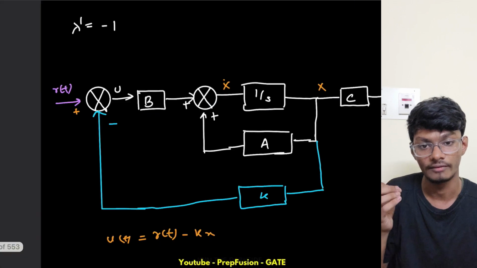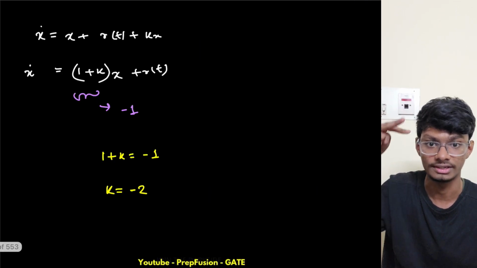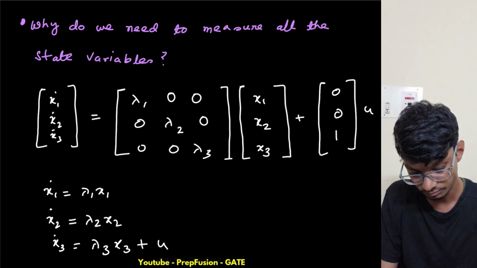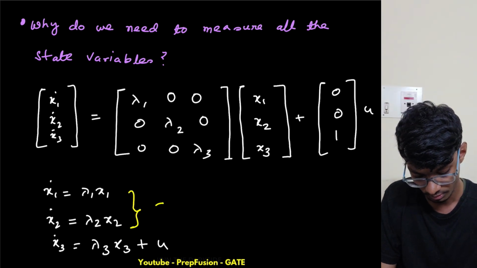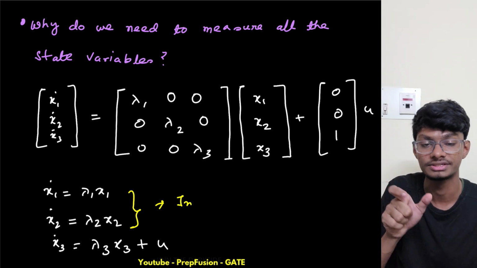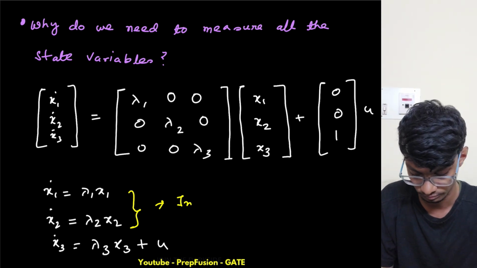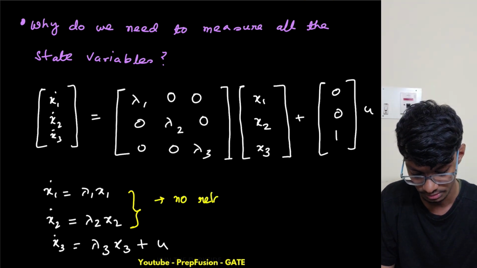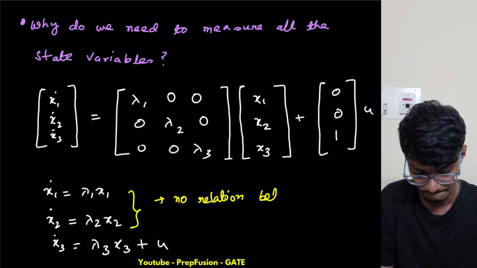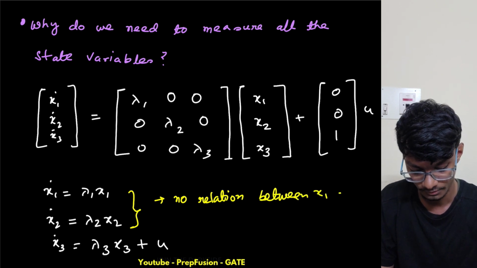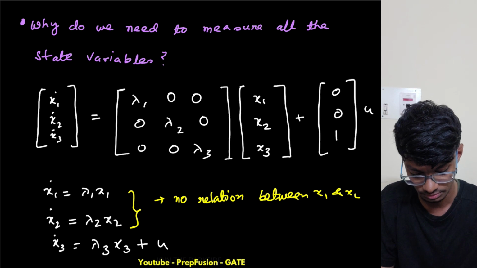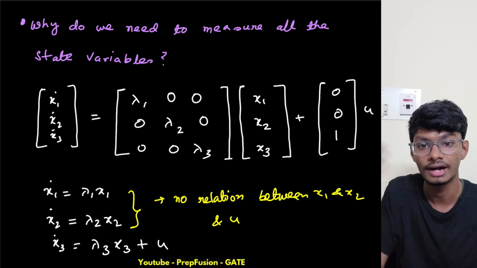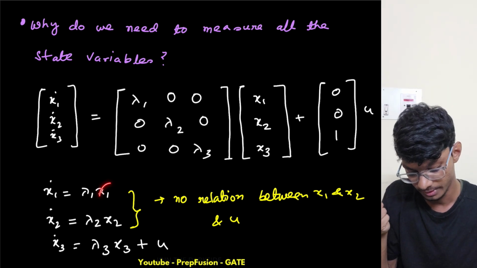In this case, there is no relation between x1, x2 and u. That's why it is not controllable, and we can't take feedback of these states.